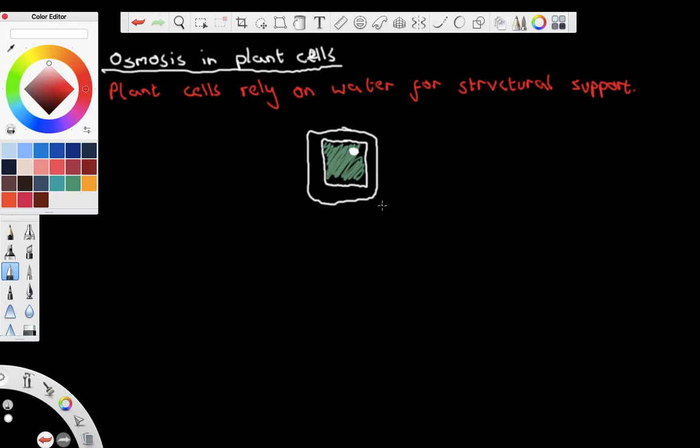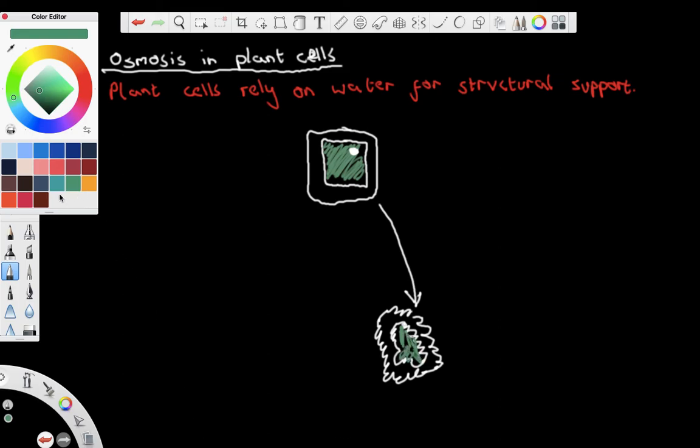If water leaves a plant cell, much like we saw with the animal cell, it will shrivel and start to die. So we'll get the shriveling of the plant cell.